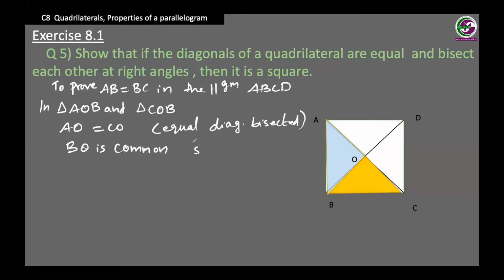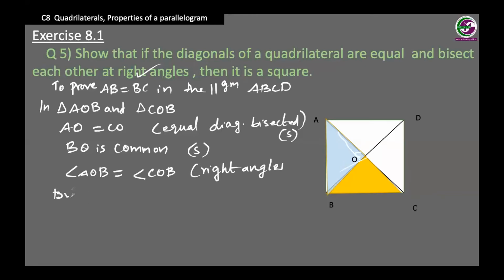So we get another side now. And angle AOB is equal to angle COB is equal to 90 degrees because they are right angles. It's given. They meet at 90 degrees. It's given to us. So by side, angle, side.